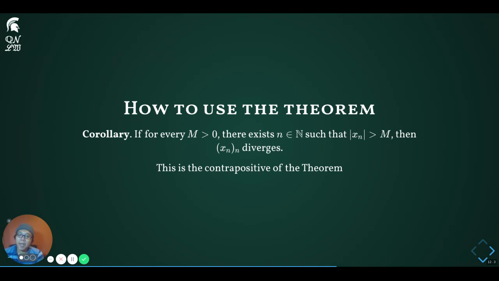If for every m positive, there exists some natural number n such that the absolute value of the term x sub n is bigger than m, then the sequence diverges. The hypothesis is the negation of the boundedness statement, and so it describes the unboundedness of this sequence. So the corollary can be read as saying that every unbounded sequence is divergent.